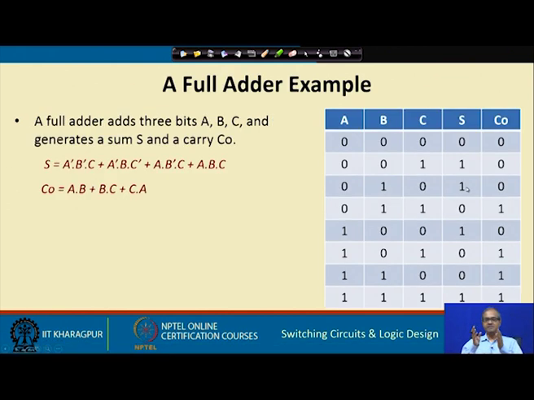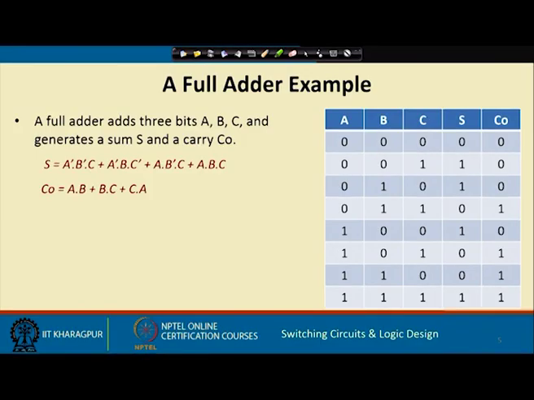Now, let us try to take a small real example, and with the help of that example let us see how this concept of min term and max term goes. The example we take is that of a 3-bit adder. Well, we have already learnt earlier how to carry out binary addition. A 3-bit adder is sometimes known as a full adder.